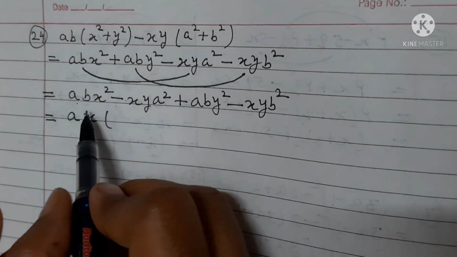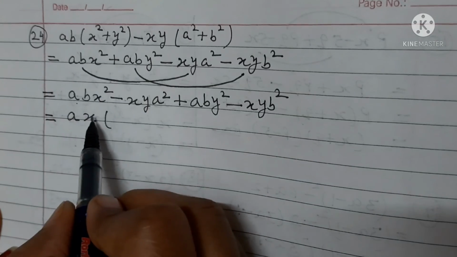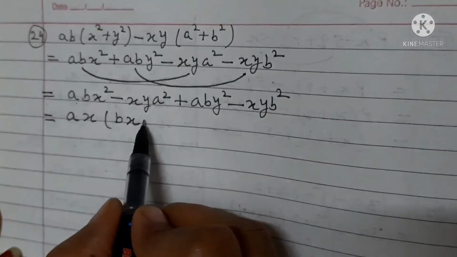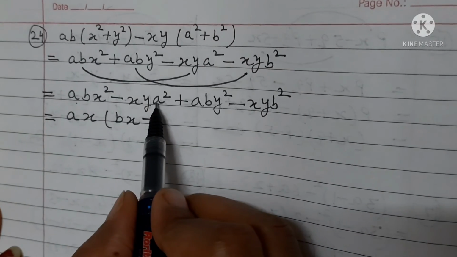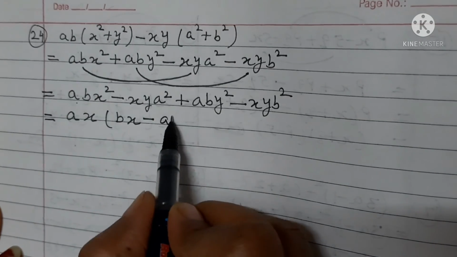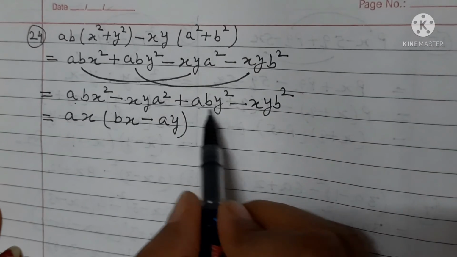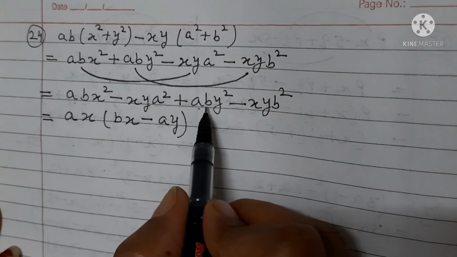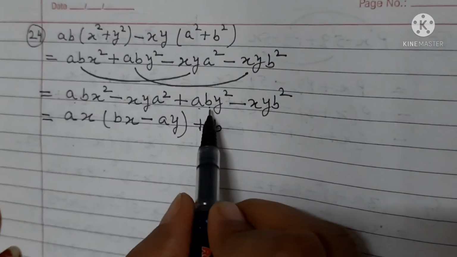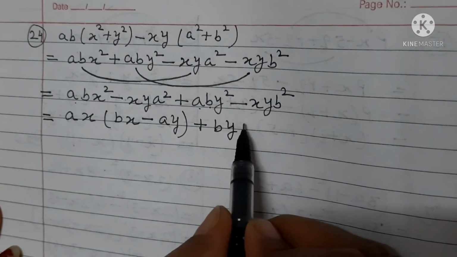Now write down the remaining part: a and x taken out, so bx inside the bracket. Now minus, here ax taken out, only ay in the bracket. Next term: a is not in this term, b you can take, so write plus b, and for y² you can take only y as common.